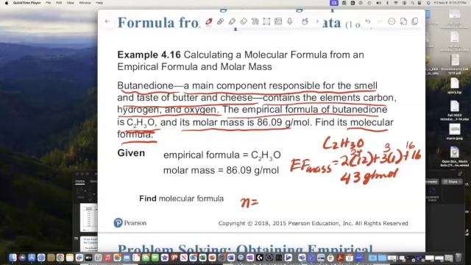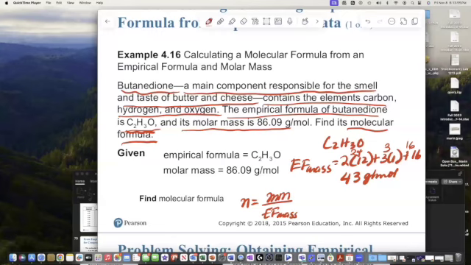N is equal to the molar mass, the bigger mass, divided by the empirical formula mass. And if you mess it up, you will get a value for N that is less than 1. So just in case you mess up like I just did, you will get a value of N less than 1. In that case, just flip it over to get N either equal to 1 or bigger than 1.